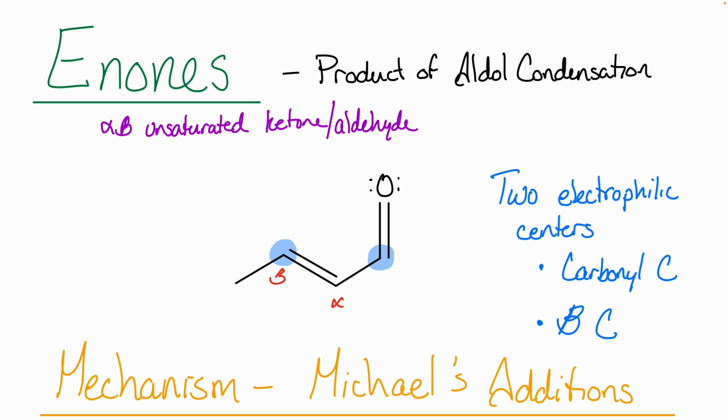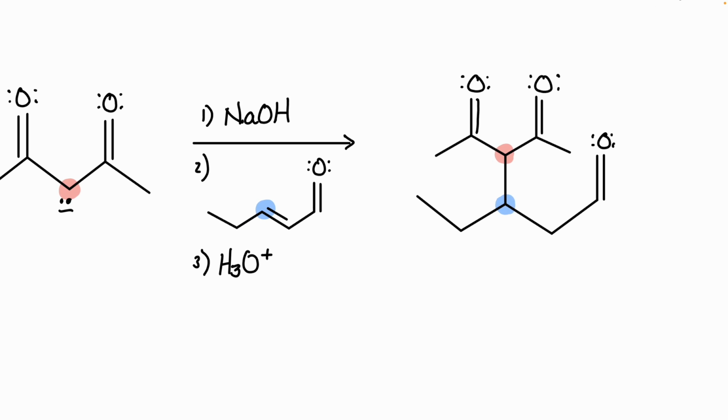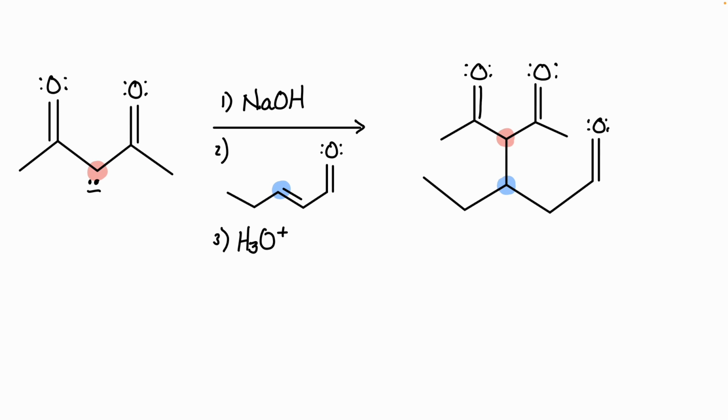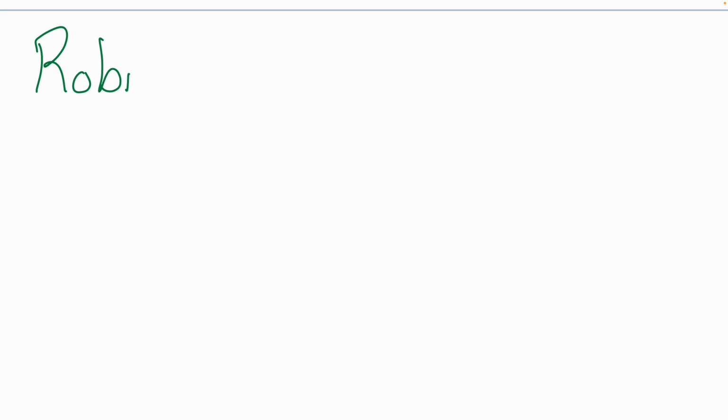This enone right here would be a product of one of those aldol condensation reactions, so we know how to make these enones. So we can make those enones, turn around and do this Michael addition with it, and create our product of that Michael addition. And now we're going to learn something that we can do with the product of those Michael addition reactions. What's called a Robinson annulation.